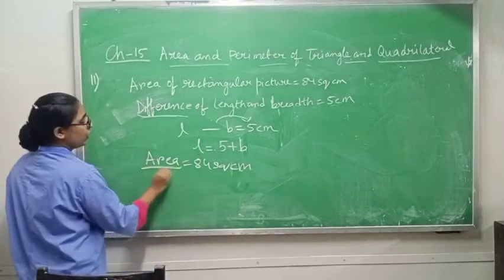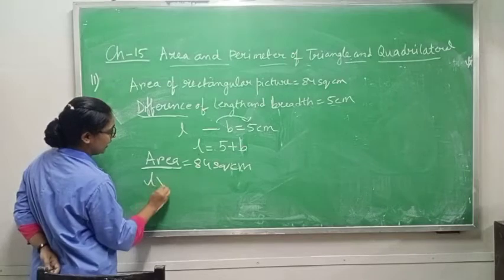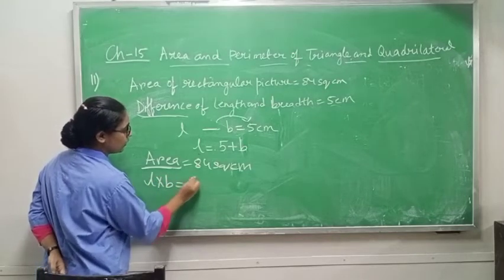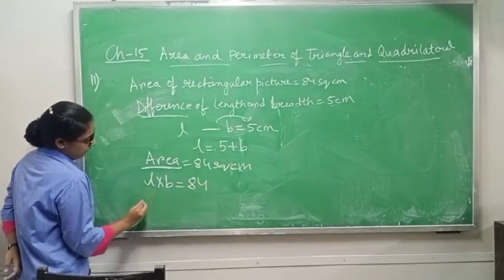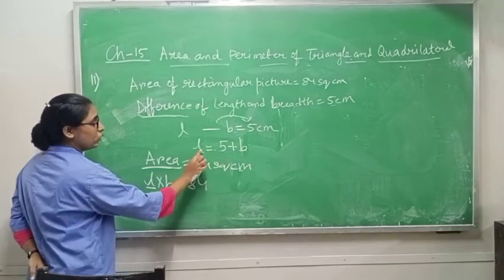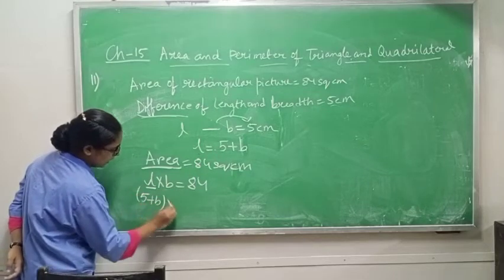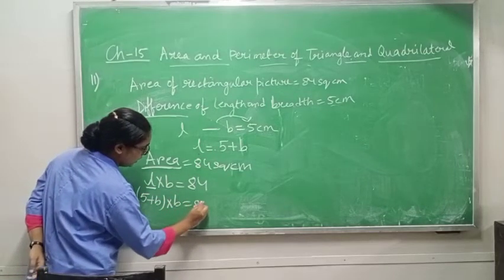Now the area formula, the rectangular region area formula is L into B, which equals 84. In place of L, you can write 5 plus B because I am finding the L value. So L equals 5 plus B. You can write here (5 plus B) into B equals 84.